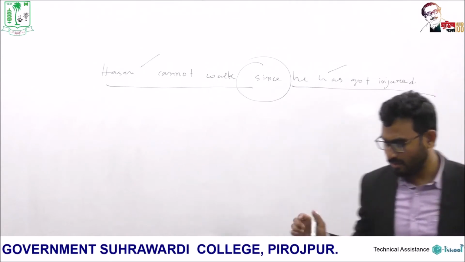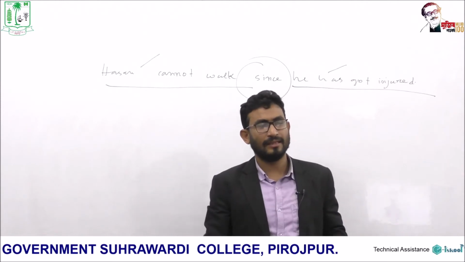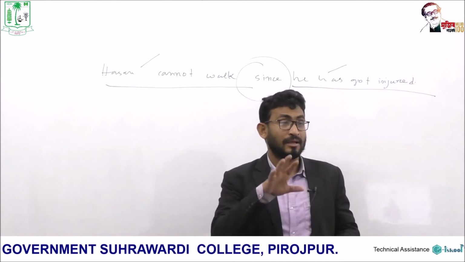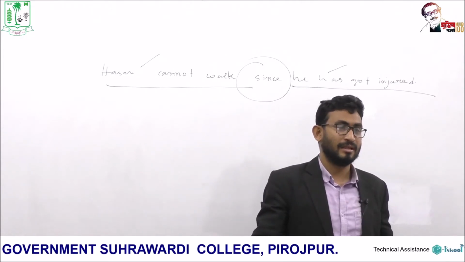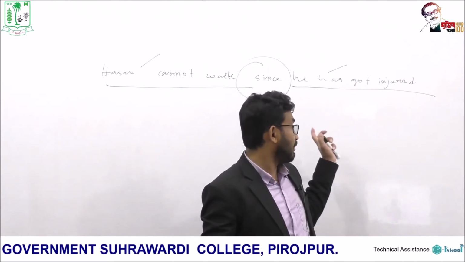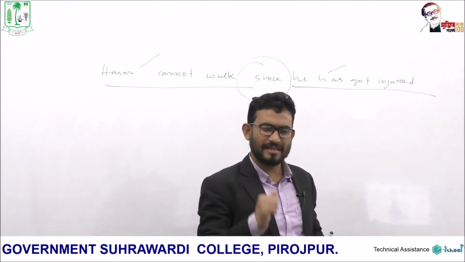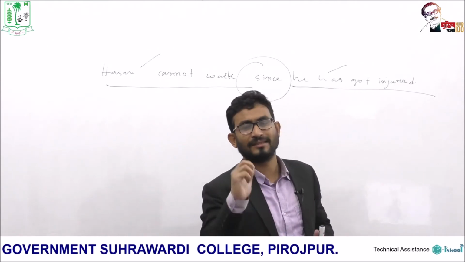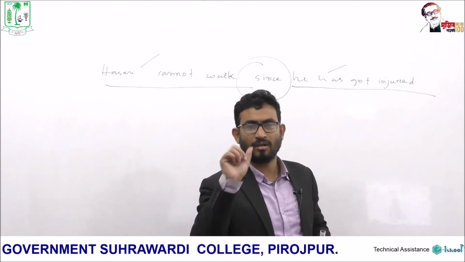Conjunctions are used in compound sentences as well as complex sentences. The conjunctions that are used in compound sentences are not used in complex sentences, and the conjunctions that are used in complex sentences are not used in compound sentences. It means that by looking at the conjunctions, you can identify whether the sentence is a complex sentence or a compound sentence.